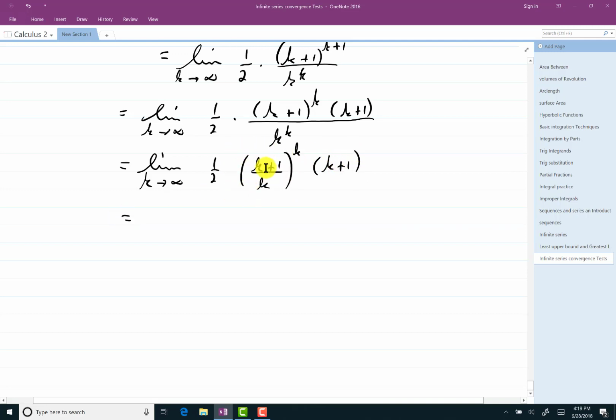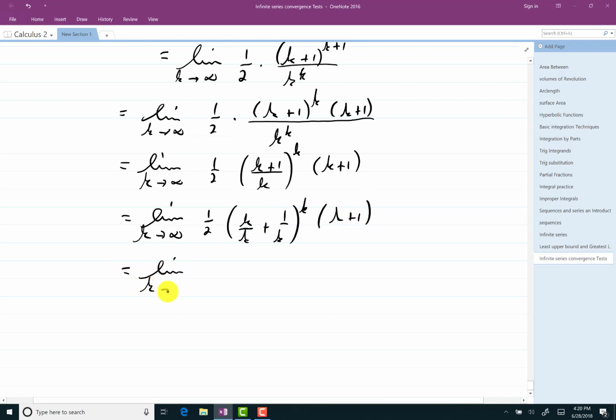Now in here I'm going to rewrite this fraction. So if I do that, I'll have k plus 1 over k, to the k power, times k plus 1. That equals the limit as k goes to infinity, 1/2 times 1 plus 1 over k to the k power times k plus 1.